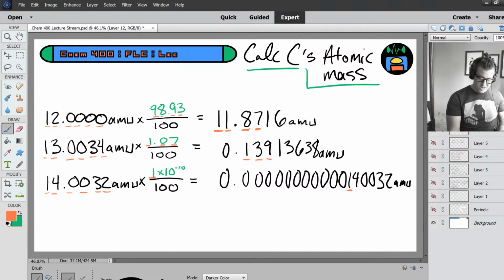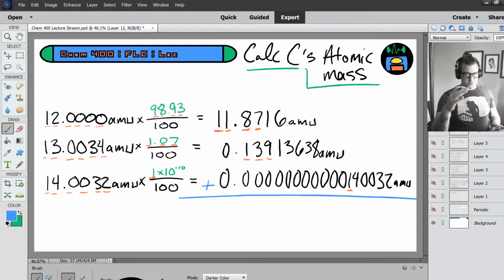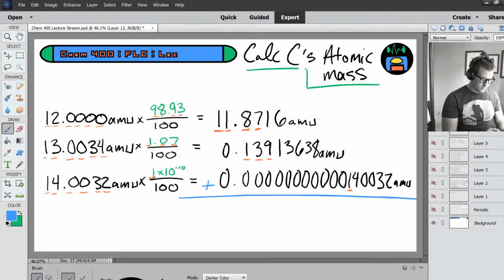All right. Now it's time to add these all together. And when we do, let's see. So 11.8716 plus 0.13913638 plus the rest of it.